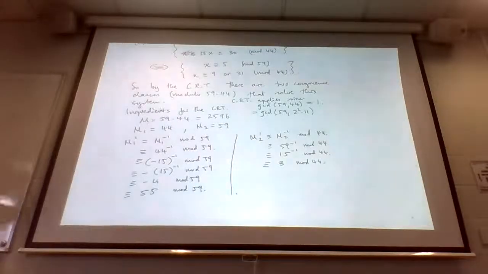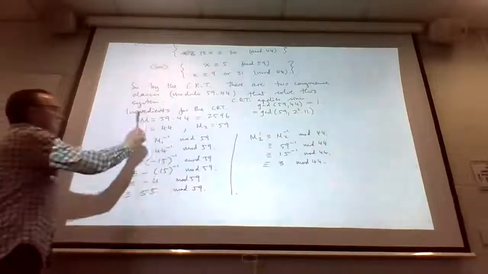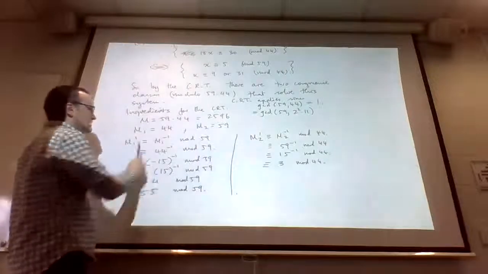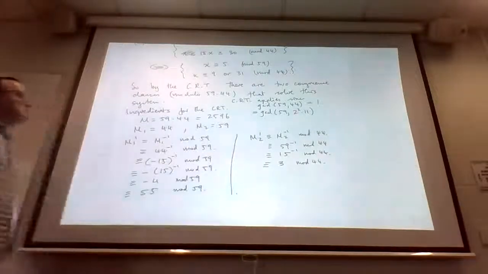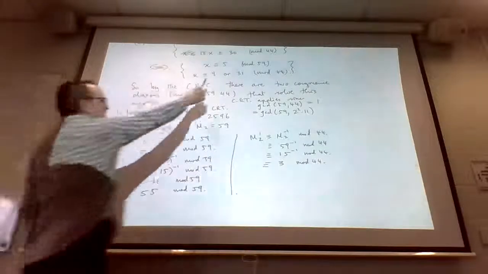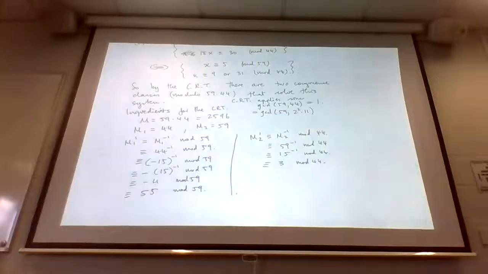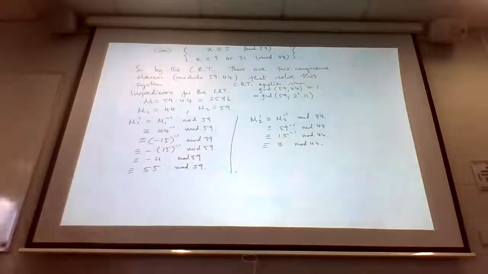So we've got our new modulus, 2596. We've got our two divided total moduli, capital M1 and capital M2. We've got their inverses. We've got the congruence classes we want to reproduce. But now we've got to do two applications of the Chinese remainder theorem.